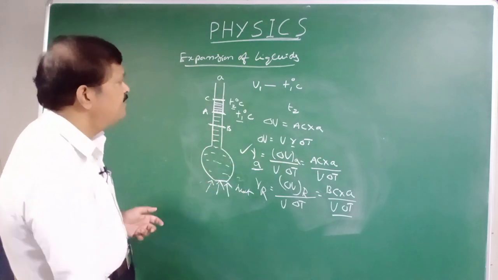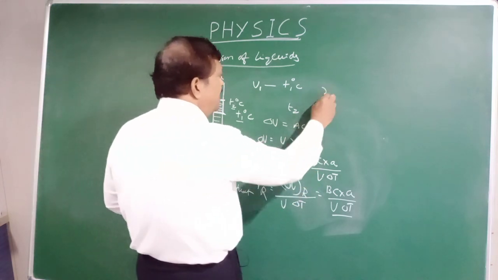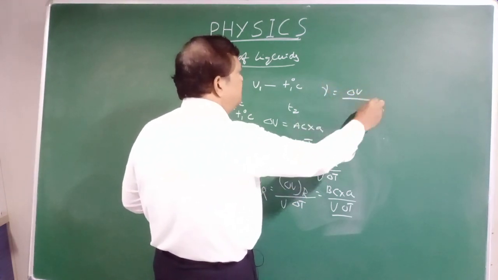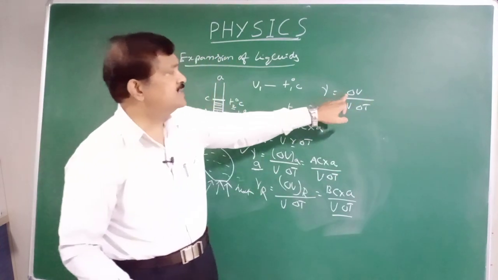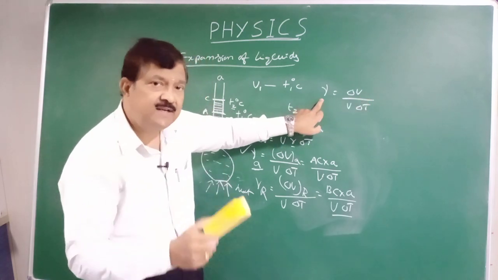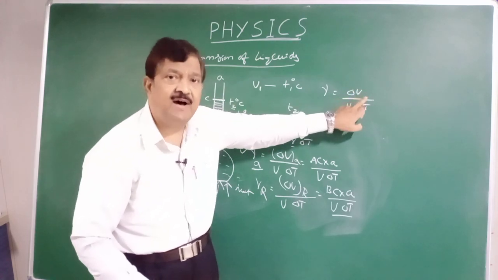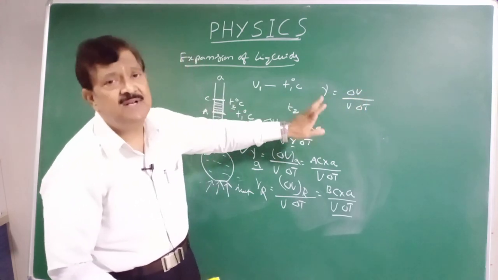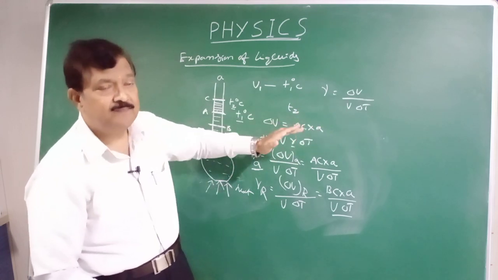So these are the two types of coefficients of expansion. In general, we can give a general relation: gamma equal to delta V by V into delta T. If delta V is the apparent change in the volume, this represents the coefficient of apparent expansion. If delta V is the real change in the volume, this represents the coefficient of real expansion of the liquid, right?